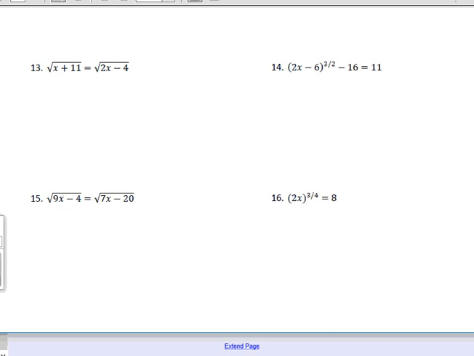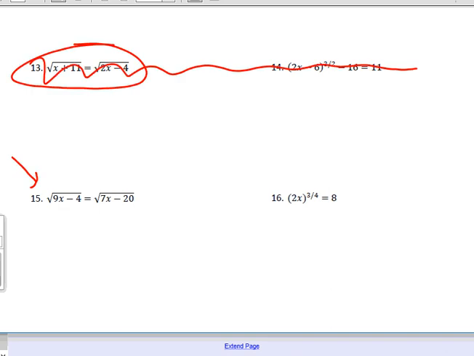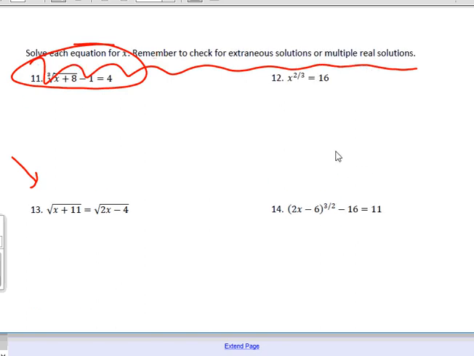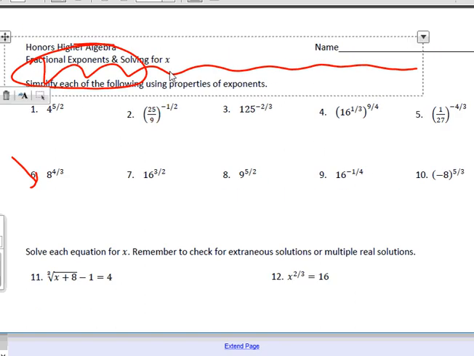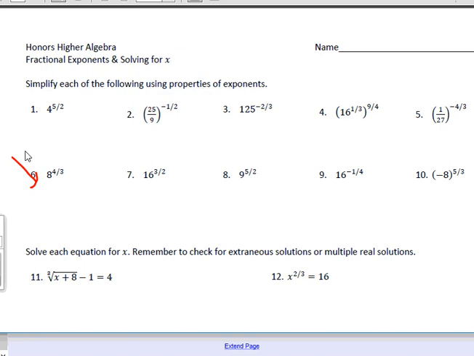All right, now your homework. Find your homework. It looks like this. I'll tell you which ones you can skip. Your homework says fractional exponents and solving for x homework. I guess I don't mind if you don't skip, but I'm going to allow you to skip the following questions.